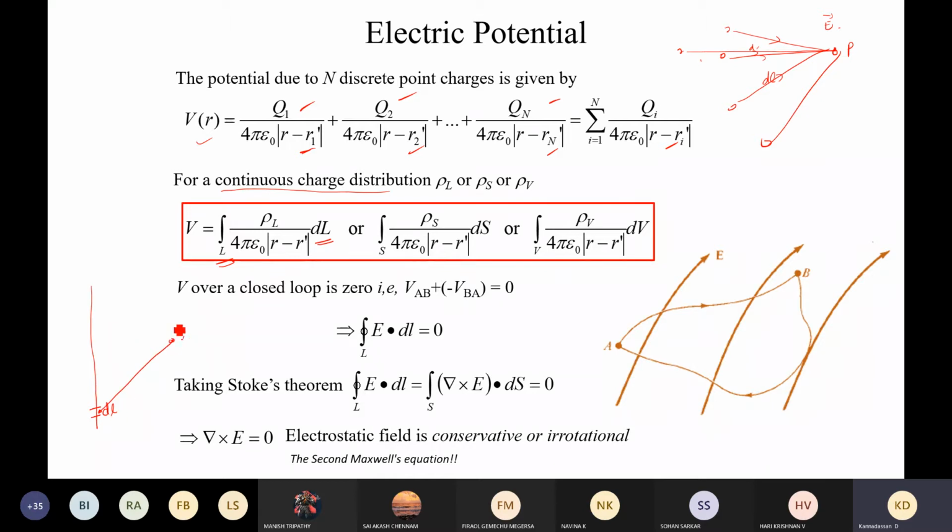Then we have to integrate over the space, integrate over the length. So that is what is shown here. Same thing for this surface and this volume. And here this dl is going to be infinitely small, and when this tends to 0, it will act like a point charge, and we are going to integrate multiple point charges over this length, and that is what indirectly it means. You people can easily understand that.